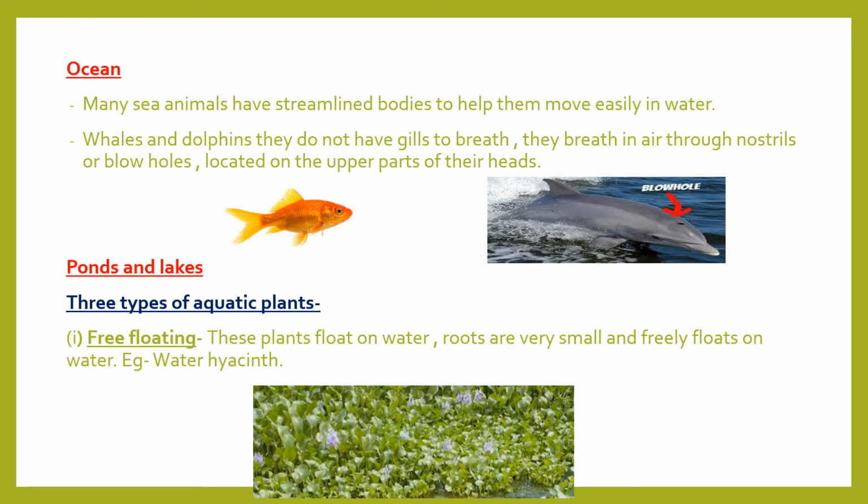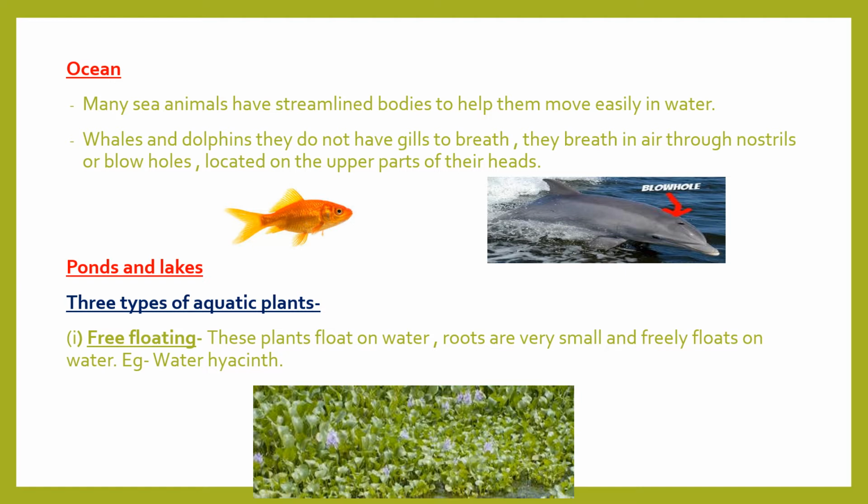First of all, let us see about ocean habitat. A very large area of sea is called ocean. Many sea animals found here have streamlined bodies to help them move easily in water. For example, the fish living in sea habitat have a streamlined body shape.